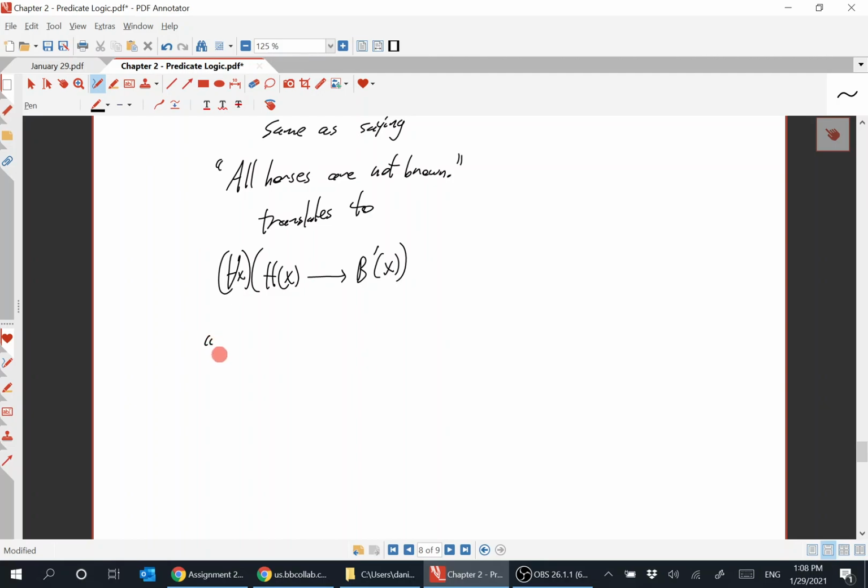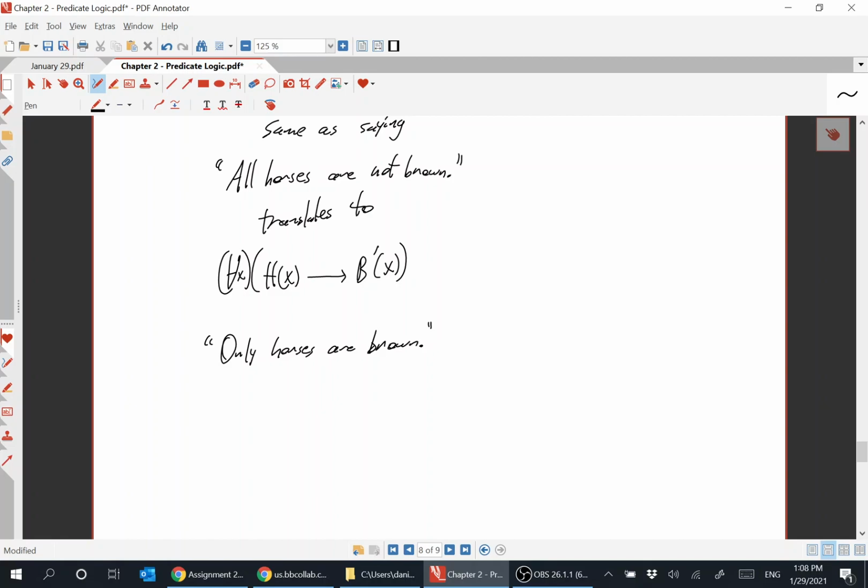How about this? Only horses are brown. This is also a universally quantified statement. Can you say it as all something or something? So only horses are brown.